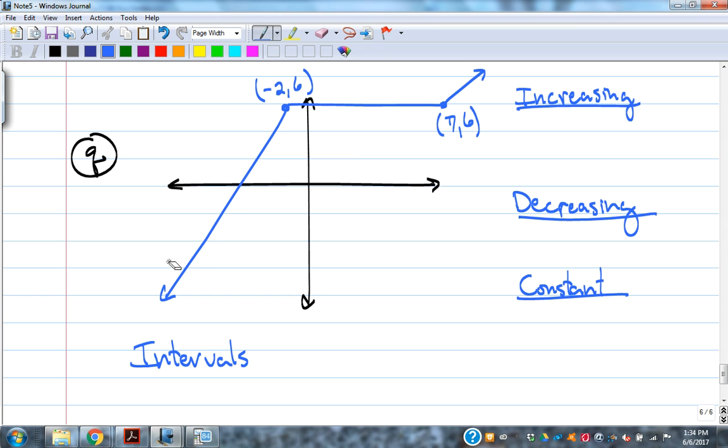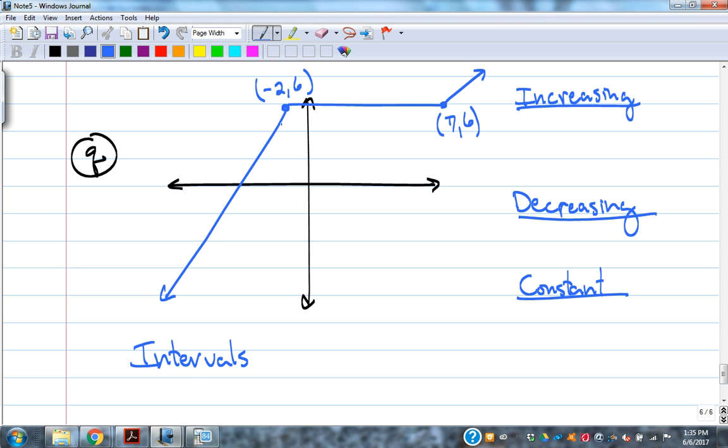Okay? So moving left to right, what's the blue line doing here? Is it moving up as you go to the right? On the left side of the graph? Yeah, it's increasing there. Increasing moves up and to the right. So that first little leg from way down here up to that point right there, it's increasing. So the interval for that is what we want to report.